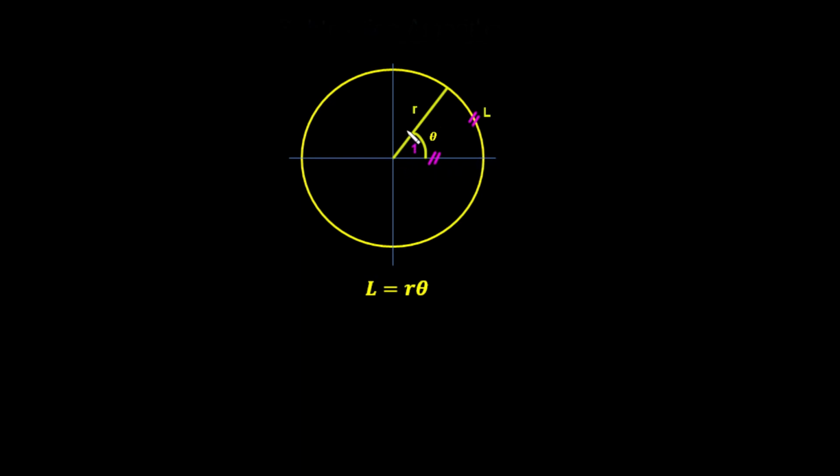Let's say that the radius is equal to a value of 1. We said that we've picked this angle such that the radius is going to equal the arc length. So the arc length here must also be a value of 1.